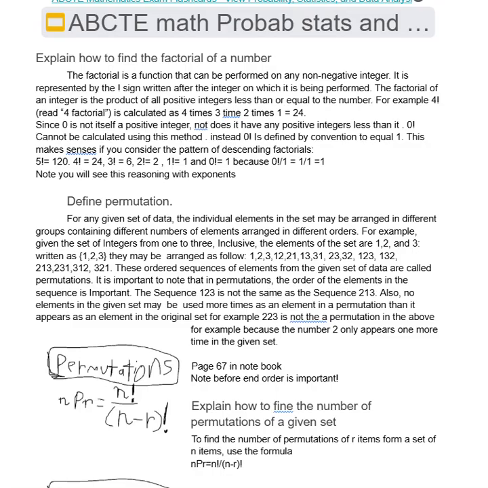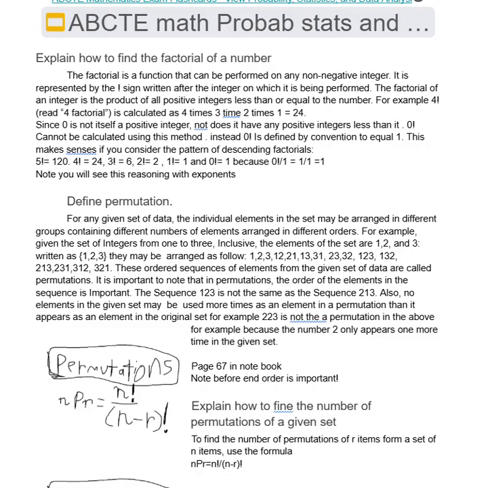The factorial of the integer is the product of all positive integers less than or equal to the number. For example, 4 factorial is calculated as 4 times 3 times 2 times 1 equals 24, because 4 times 3 equals 12, 12 times 2 equals 24, 24 times 1 equals 24.